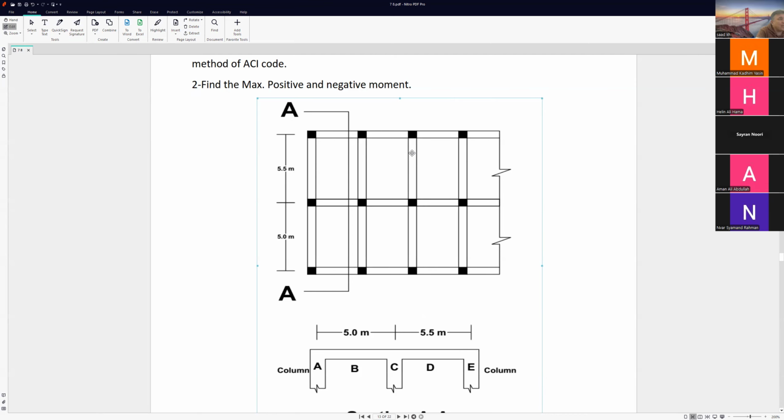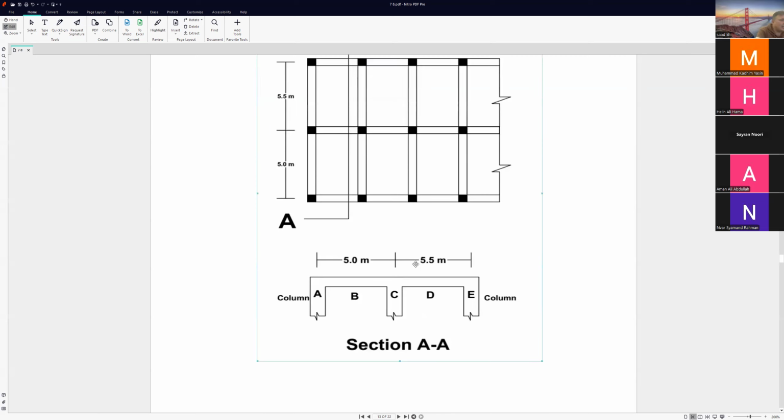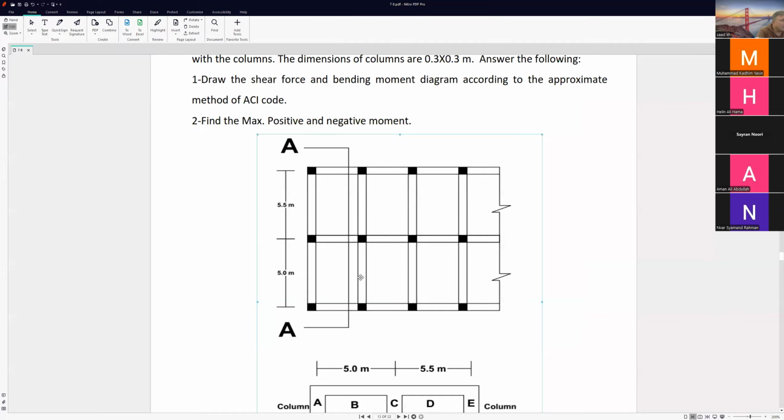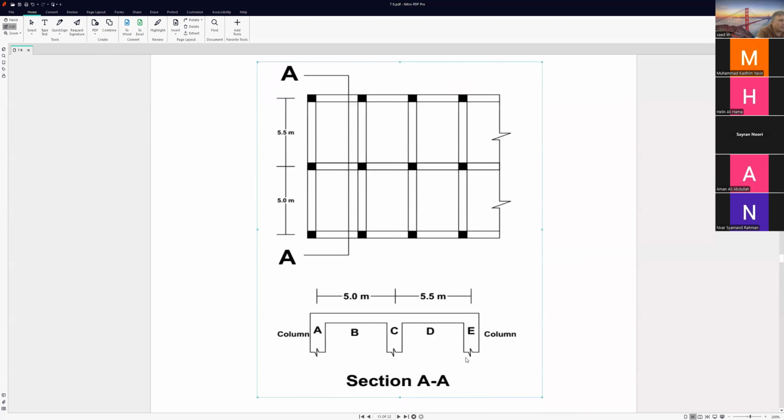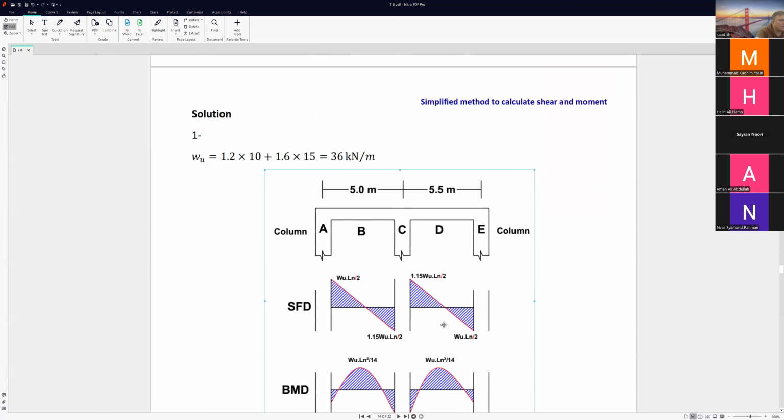And we don't have any information about the other direction, so how can you solve it? You cannot solve it, okay? That's why we have this section. Draw shear force and bending moment diagram: WLn over 2, then 1.15 WLn over 2, 1.15 WLn over 2, WLn over 2, okay? This is the shear force diagram.